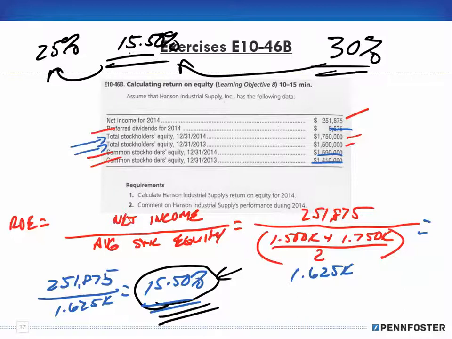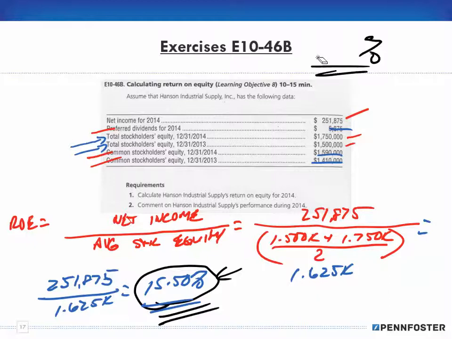Now, it is hard to find another company that's getting a 30% return on investment. They are out there, but let me use an easier number. Let's say my return on equity was only 3%, which seems a little more reasonable given the economy right now.